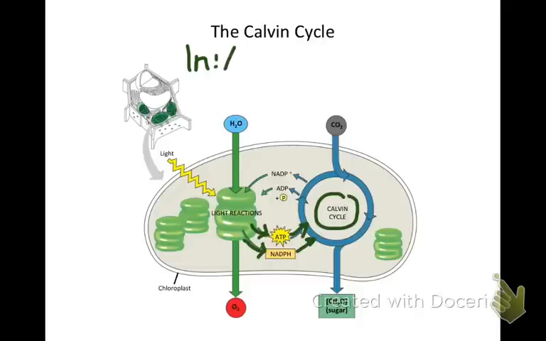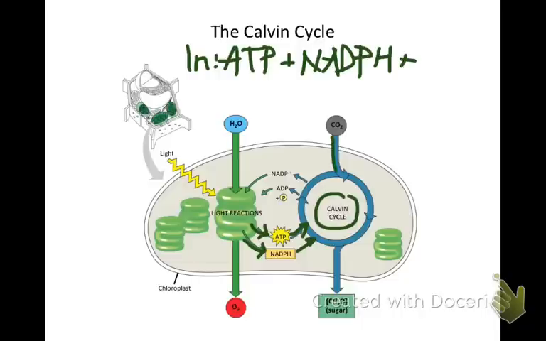So we have ATP, NADPH, and finally carbon dioxide going into the actual Calvin cycle. Okay, so this is carbon dioxide, ATP, and NADPH, all going into the Calvin cycle.